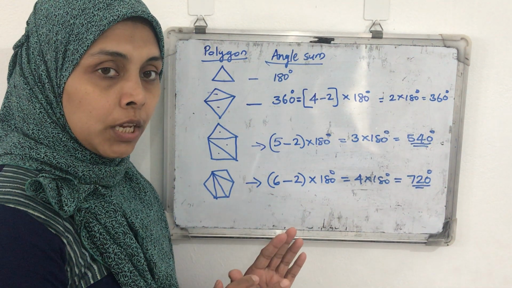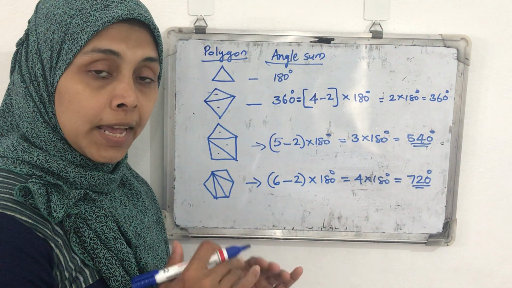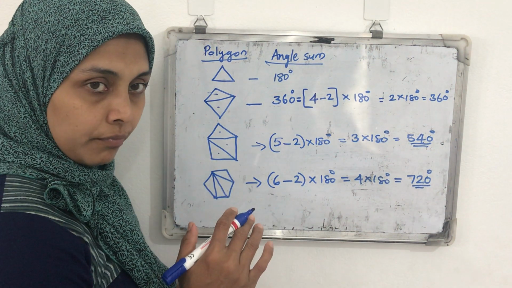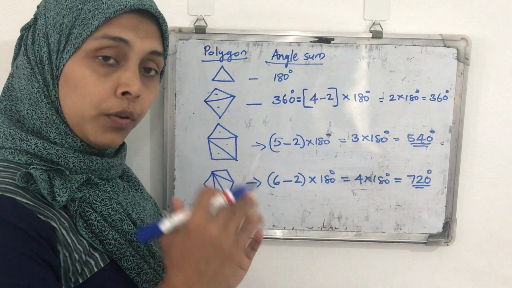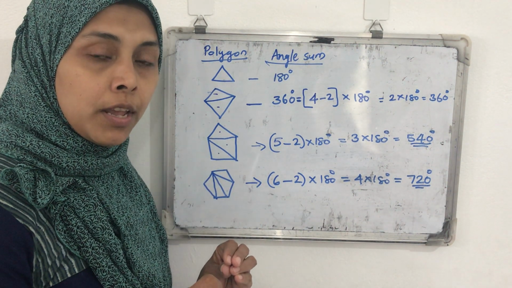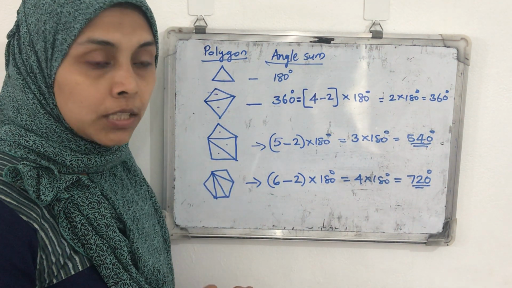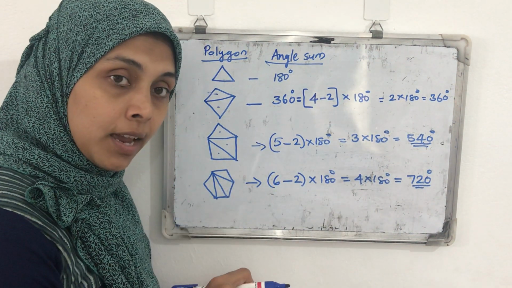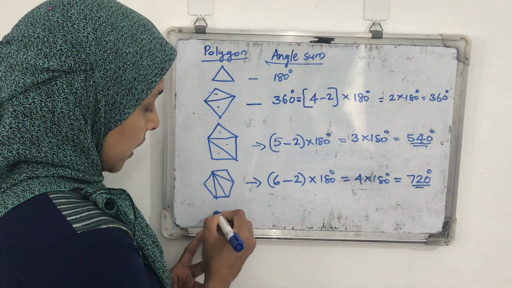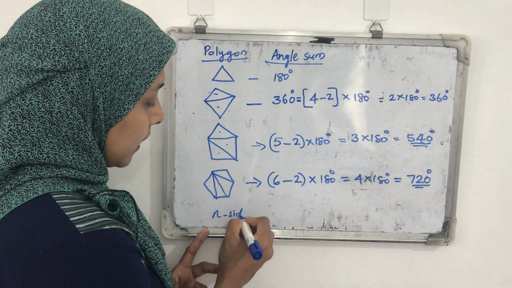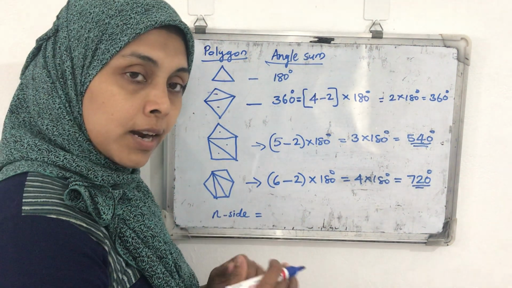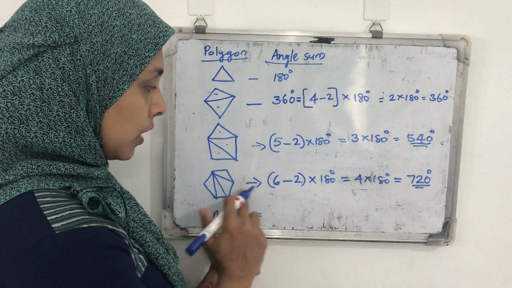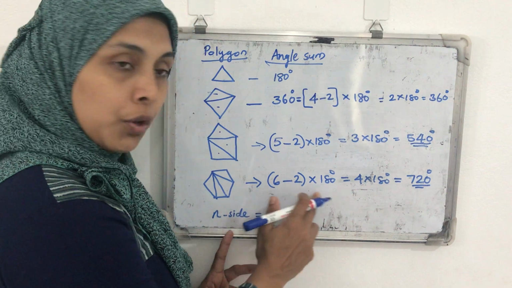Now suppose we have a polygon with n sides. We don't know the exact number. If it is a polygon with any number of sides, we can find its angle sum using this equation. If it is 6 sides, we got (6 minus 2) into 180.